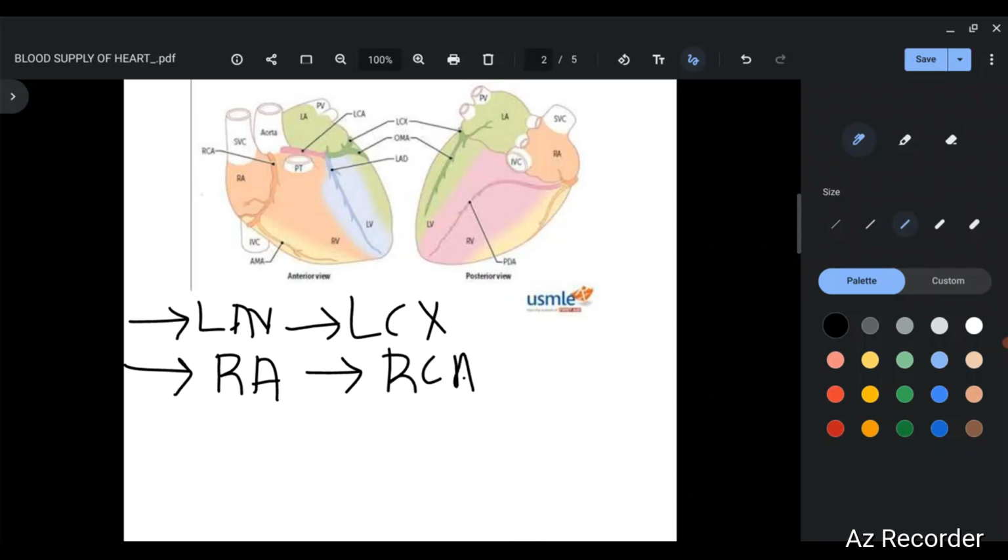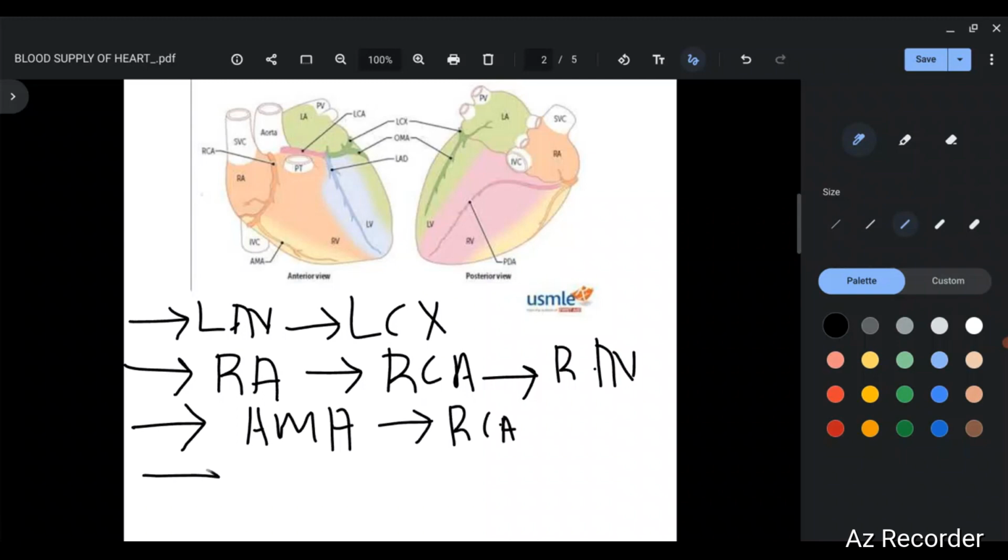And where is the right coronary artery located? It's located in your right atrioventricular groove. Which artery supplies the lateral surface of your right ventricle? It's the acute marginal artery, and it is derived from your right coronary artery. What artery supplies the lateral surface of your left ventricle? It's your obtuse marginal artery, and it's derived from your left coronary artery.